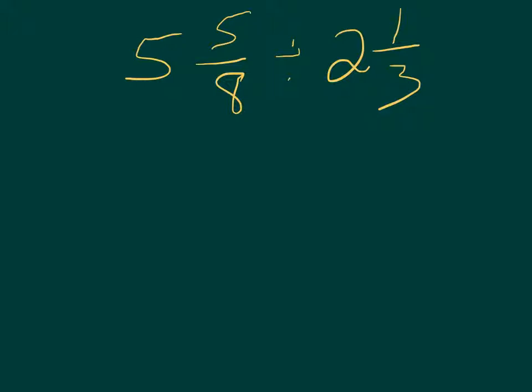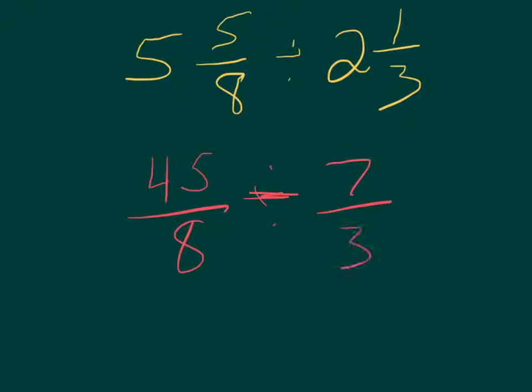Alright, let's see how you did. So let's change this guy to an improper fraction. 5 times 8 is 40. 40 plus 5 is 45 all over 8. So 45 all over 8. Okay? And over here, 2 times 3 is 6. 6 plus 1 is 7 all over 3. So 7 over 3. I'm dividing. So let's divide by 7 over 3.